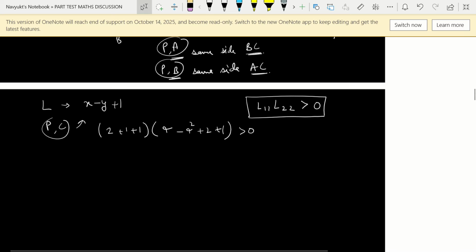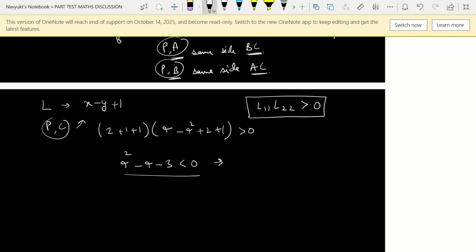When we solve this, we will get a quadratic equation, something like alpha square minus alpha minus 3 less than 0. This being less than 0 means we will first find its roots, correct? The figure would be something like this. It need not pass through the origin, it can be somewhere like this. Whatever zone is between its two roots, that zone we need, because we need this quadratic to be less than 0.